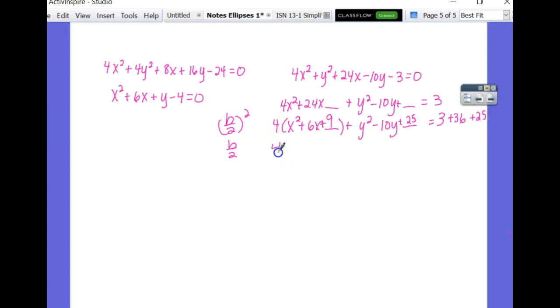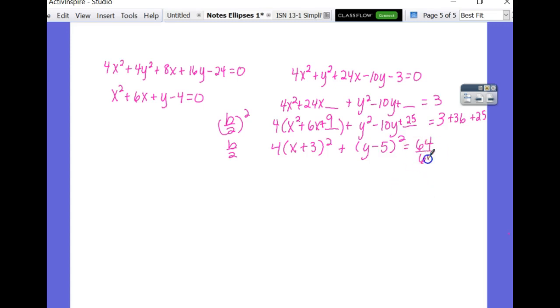So I have, is that 64? Okay. So this is what I have. But to do this, the rule, when we have a 4 here and a number here, if I'm going to make this an ellipse, this has to be 1.